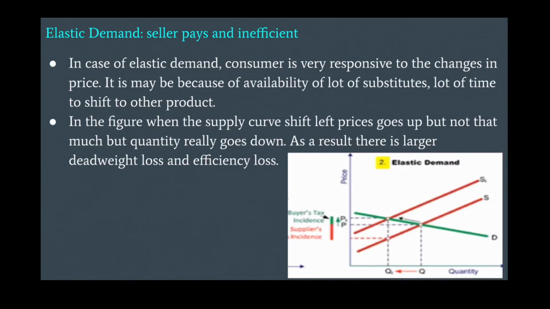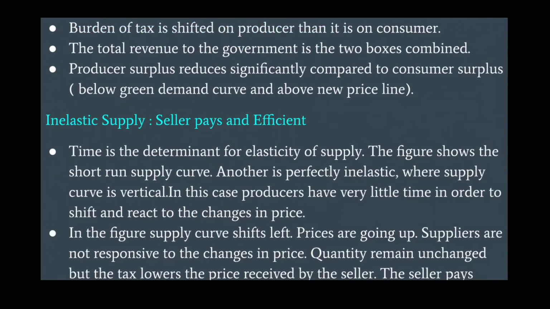But quantity really goes down. As a result, there is a larger deadweight loss and efficiency loss. The burden of the tax is shifted onto the producer rather than the consumer. The total revenue to the government is the two boxes combined. Producer surplus reduces significantly compared to consumer surplus, which is below the green demand curve and above the new price line.